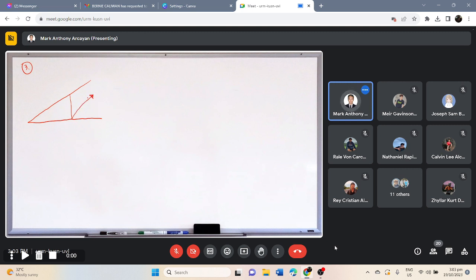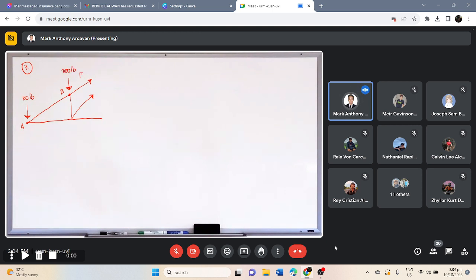Okay, how is it? Here is our external force of 100 pounds. This is point A. This is point B, where there is an external force of 200 pounds.